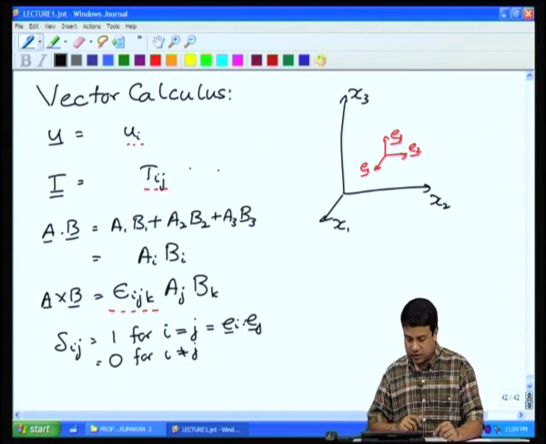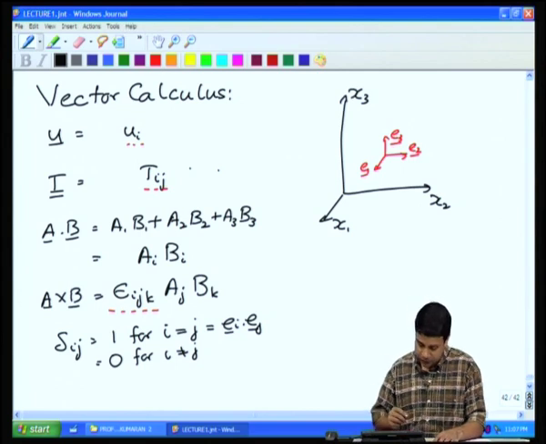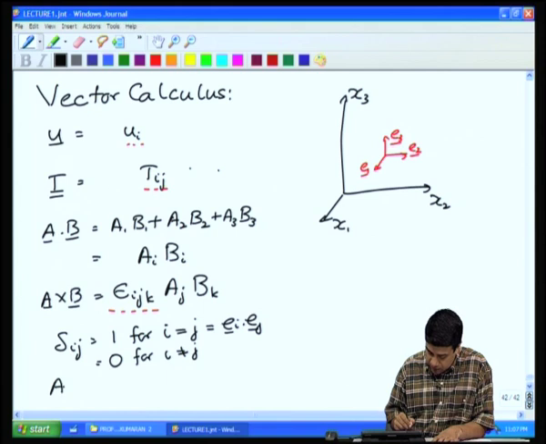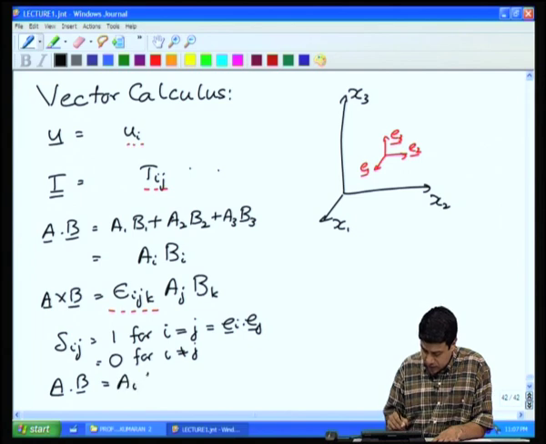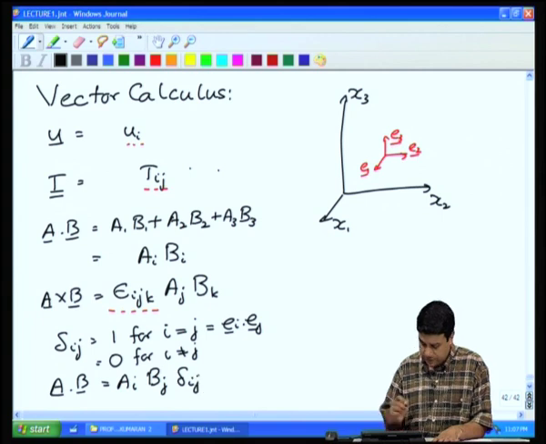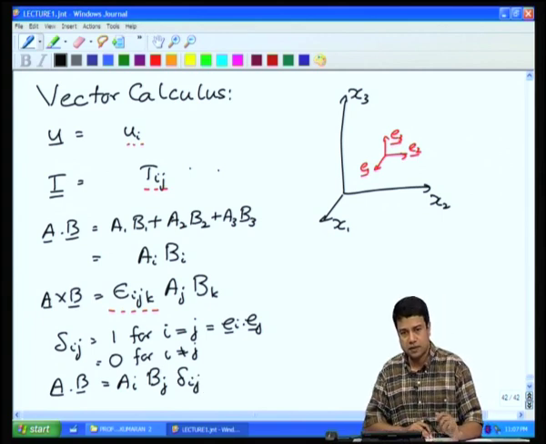So, if i and j are the same, then this dot product is equal to 1. If i and j are different, it is equal to 0. The dot product can be written equivalently as A_i B_j delta_ij. So, that is another way of writing dot products.